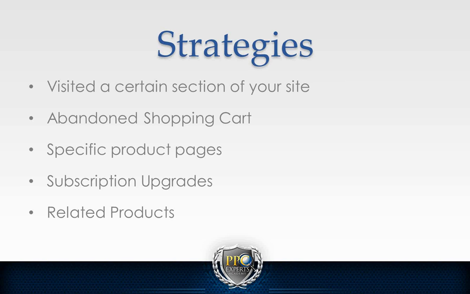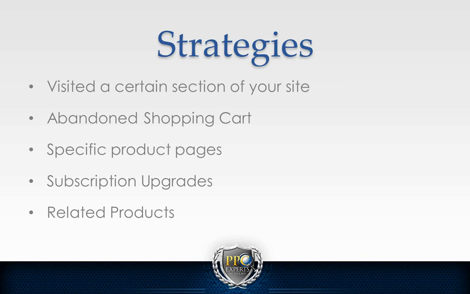You can also target people that have an abandoned shopping cart. If you don't know what that means, it's basically somebody that went to your website, probably an e-commerce website, added something to their cart, and then never continued with the purchase.